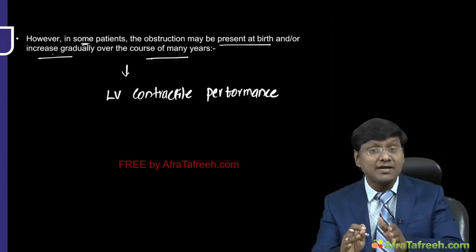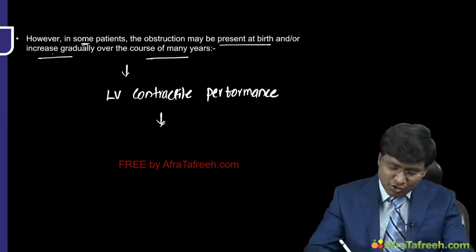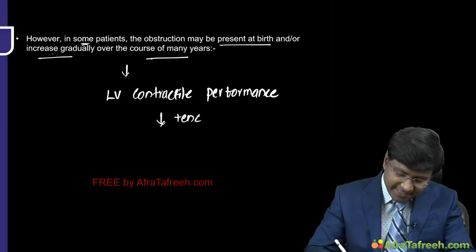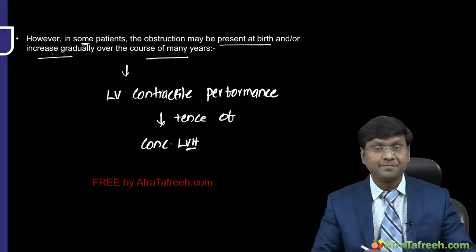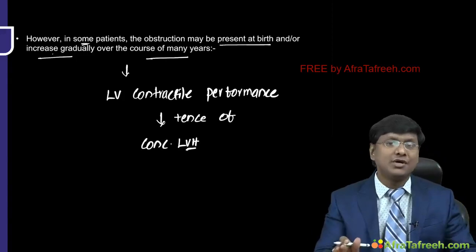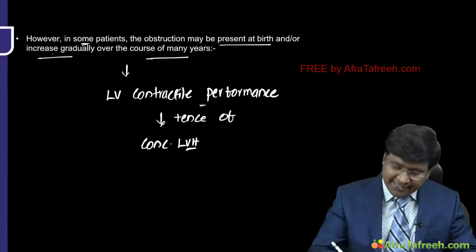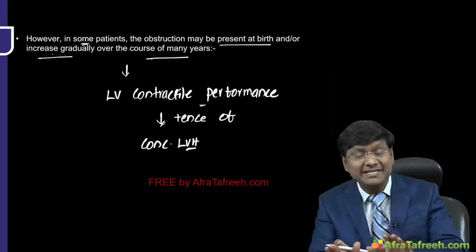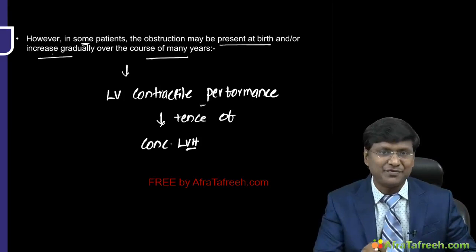Left ventricular contractile performance is maintained by the presence of concentric left ventricular hypertrophy. Okay. So if the obstruction is gradual in onset or present since birth, then the contractile performance is maintained by the presence of concentric left ventricular hypertrophy, right?